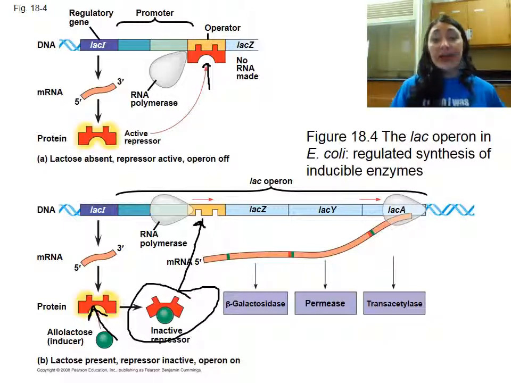So now that lactose is present, I'm going to start making the gene product lactase. I'm going to start making that enzyme that breaks down lactose until I no longer have lactose present and it unbinds, and then your repressor goes back in and binds with the operator again, turning off the gene.